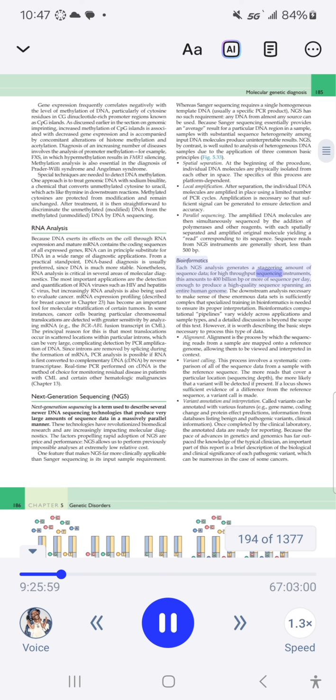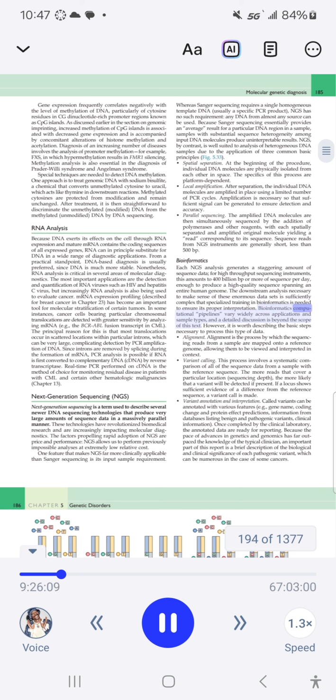For high-throughput sequencing instruments, this amounts to 400 billion BP or more of sequence per day, enough to produce a high-quality sequence spanning an entire human genome. The downstream analysis necessary to make sense of these enormous data sets is sufficiently complex that specialized training in bioinformatics is needed to ensure its proper interpretation.